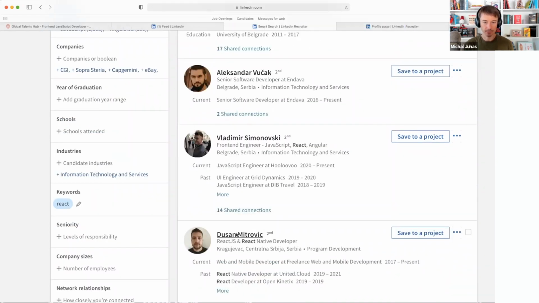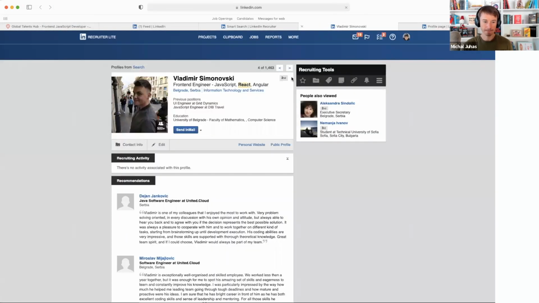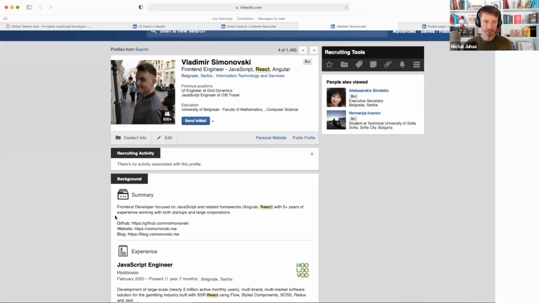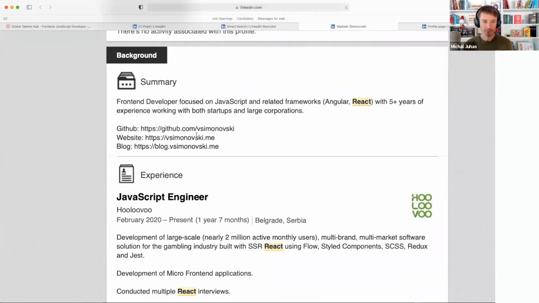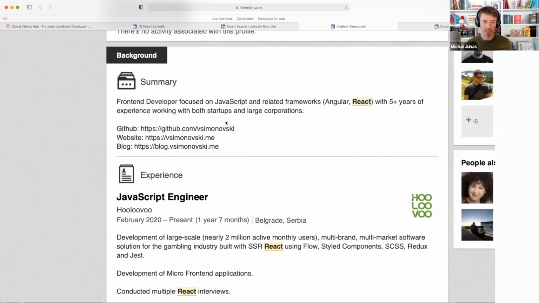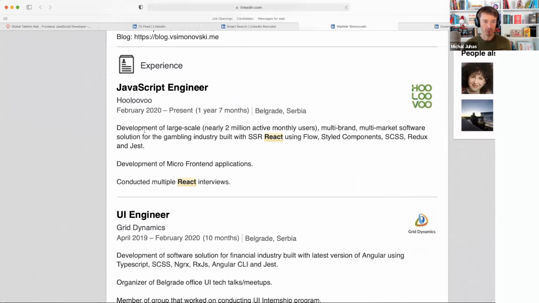Vladimir. Front-end developer focused on JavaScript and related frameworks with 5 years of experience working on both startups and large corporations. His GitHub, his website, his blog.